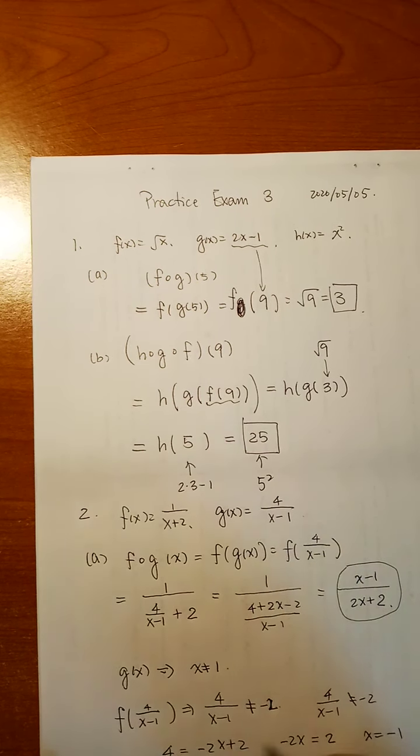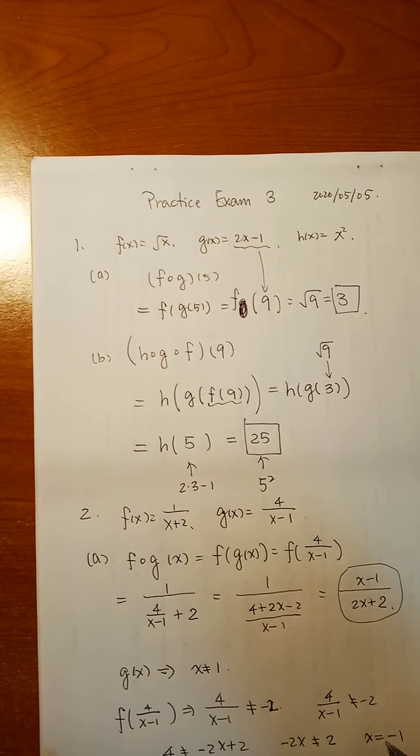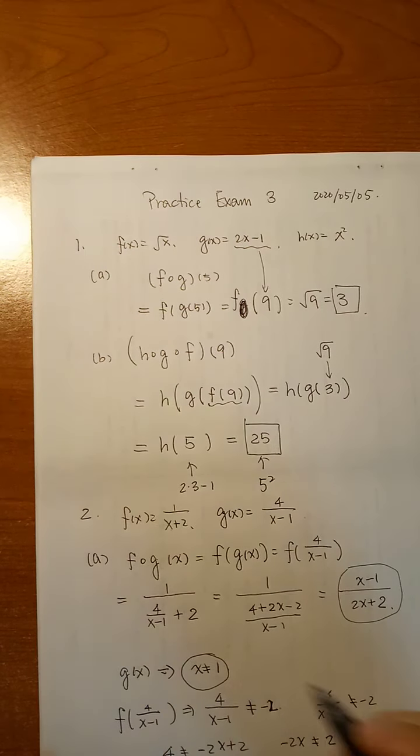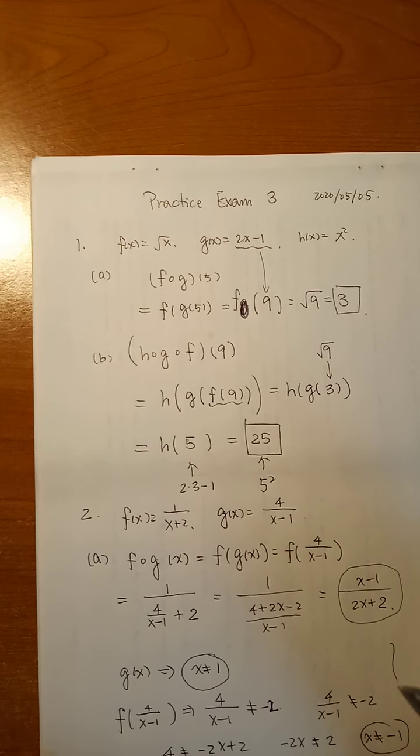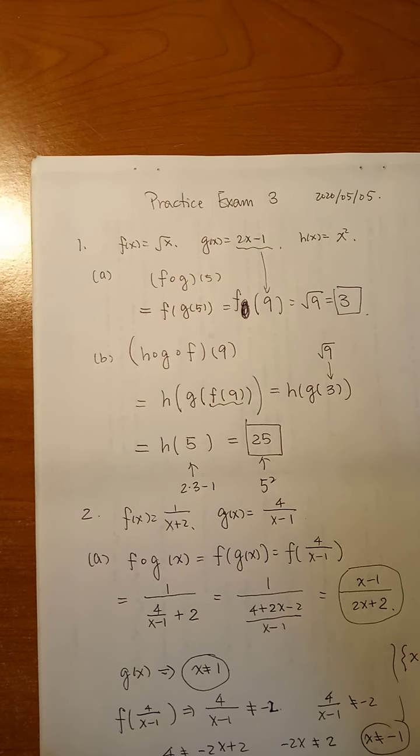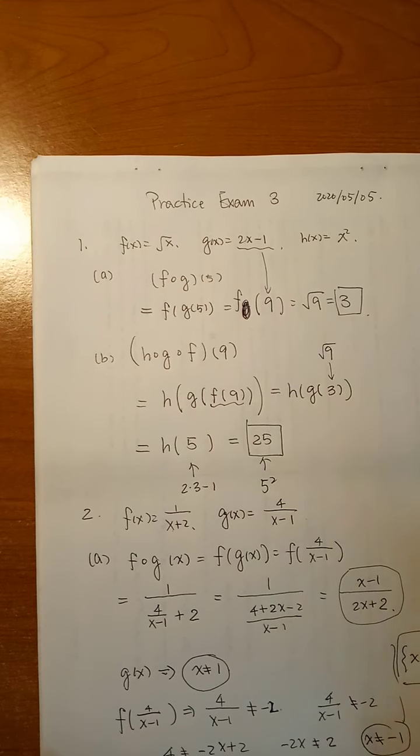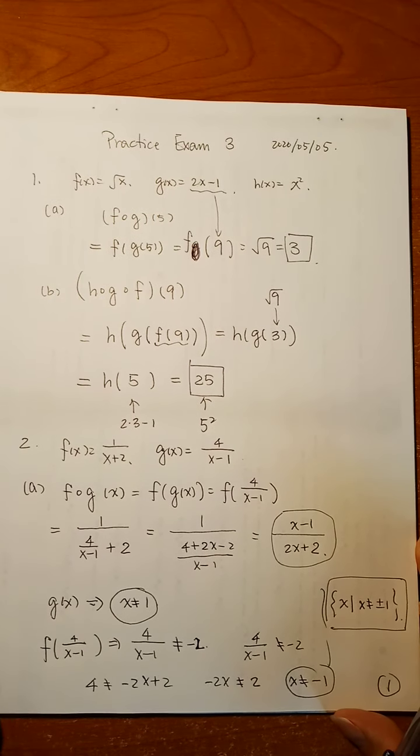So x cannot be negative 1. So x cannot be 1, x cannot be negative 1. Putting things together, it's all x where x is not plus or minus 1. Okay, so this is the domain.